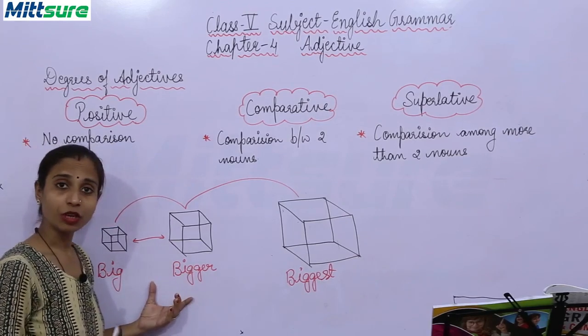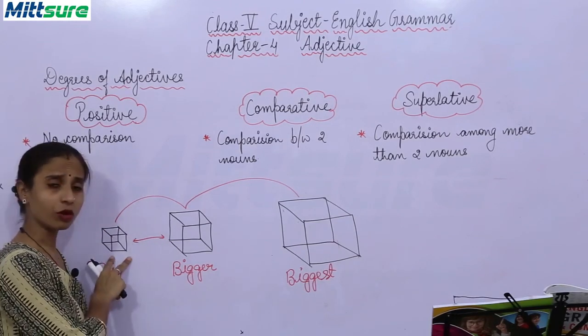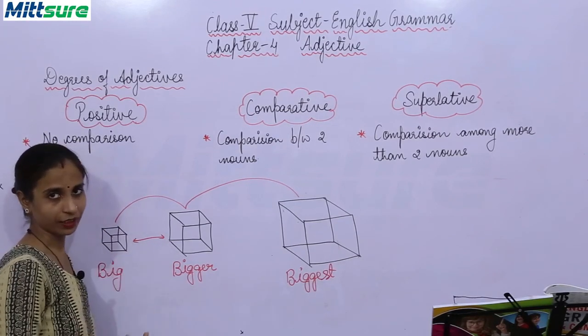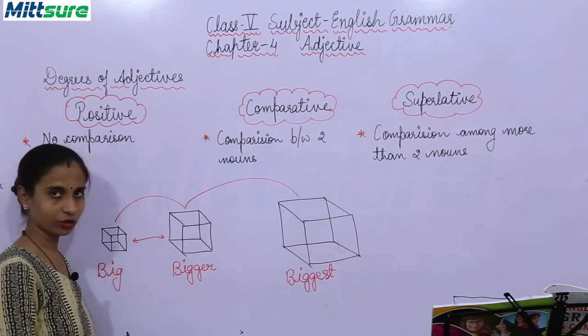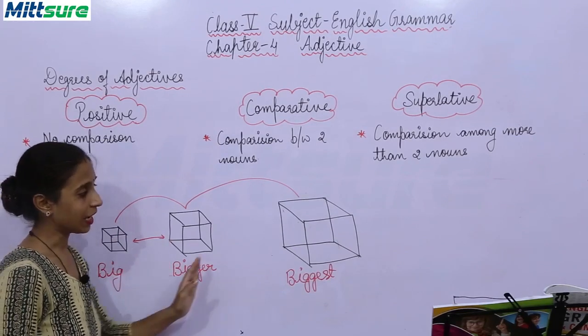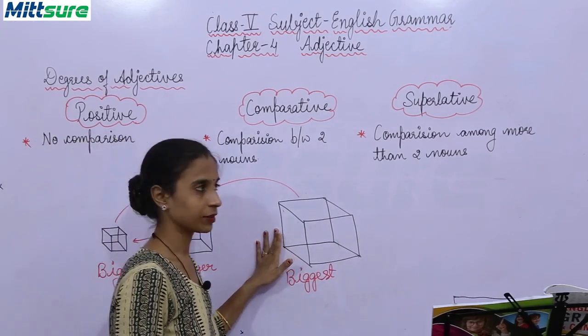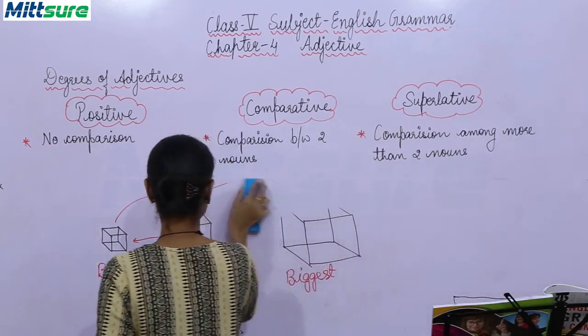Big, bigger, biggest, all adjectives. This box is big, fine. We agree that this is a big box. This box is bigger than the previous one, and this is the biggest. Let's see a few more examples.